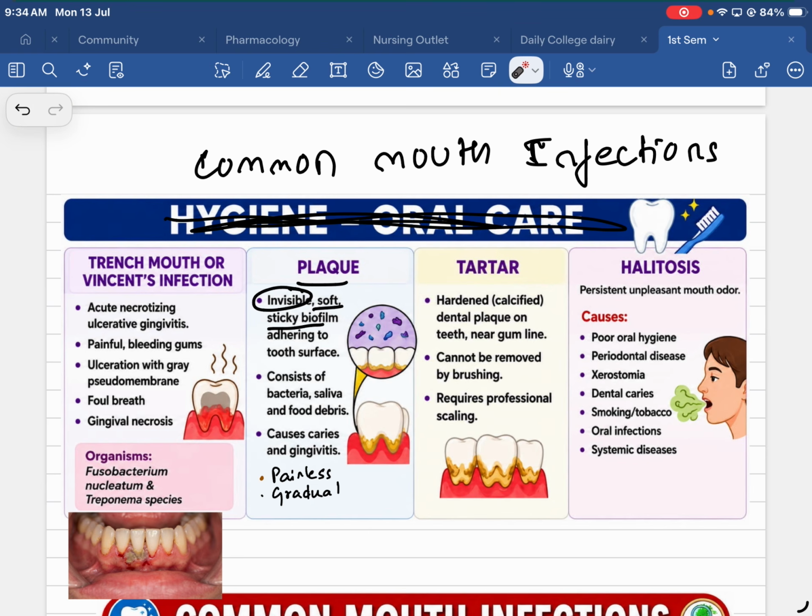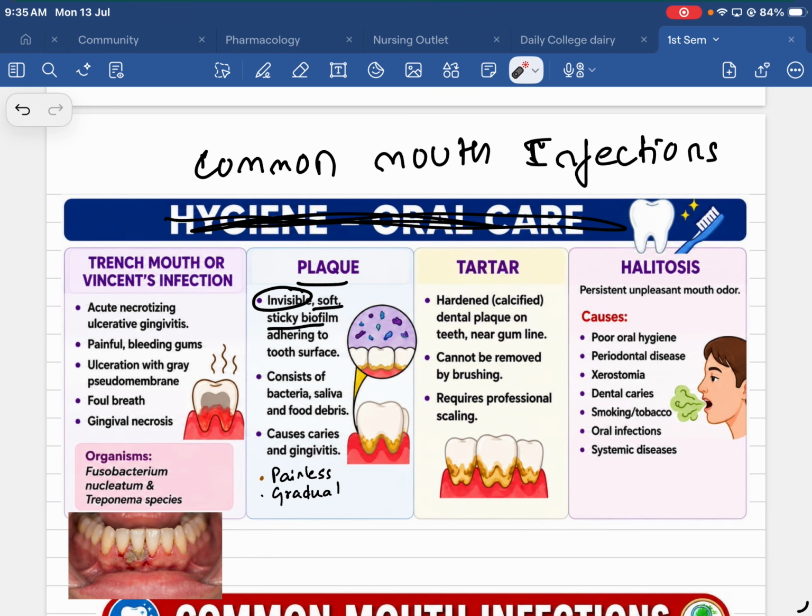Tartar means hardened dental plaque. The invisible soft layer will become hard now, and that hard layer cannot be removed by brushing. Plaque can be removed by brushing, but tartar can't be removed by brushing.